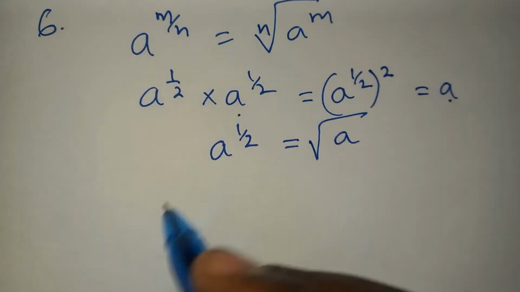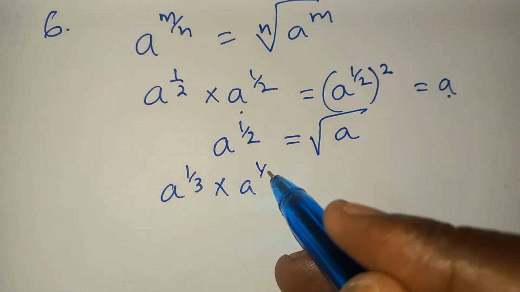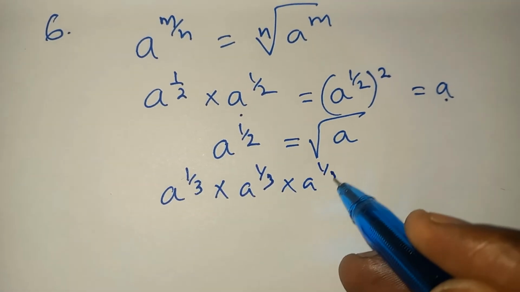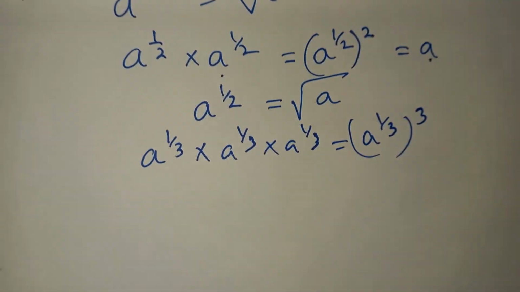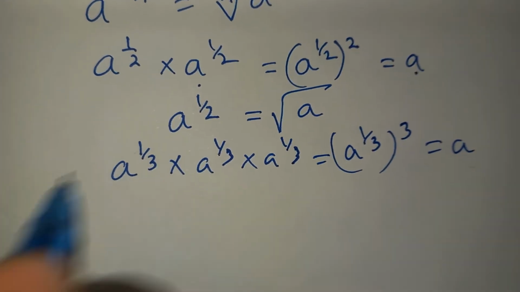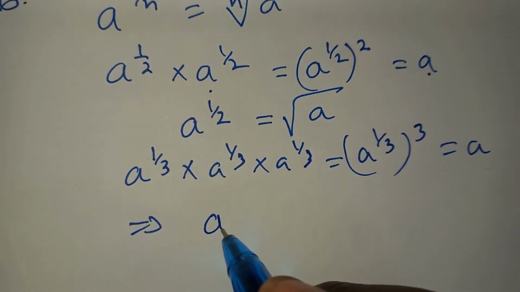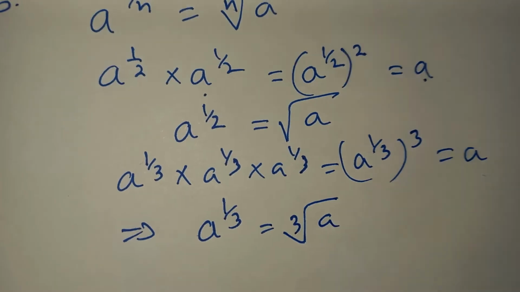Now another example, a raised to the power third times a raised to the power third times a raised to the power third is a raised to the power third cubed, courtesy of the power rule, which is the same as a. This means that a raised to the power third is actually the cube root of a.